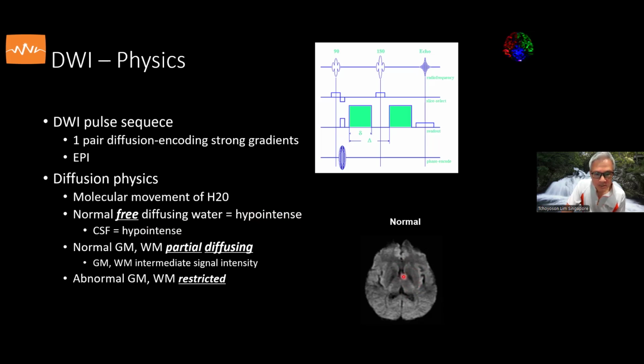In a diffusion image, CSF is where the water is free to move in all directions, and therefore the signal fades when the image is captured. In the normal brain structures, there is partial diffusion and there is intermediate signal intensity, as you can see here in the normal gray matter and white matter.